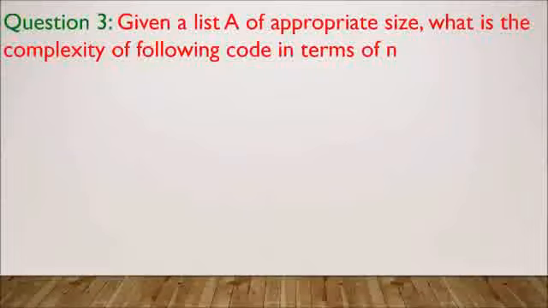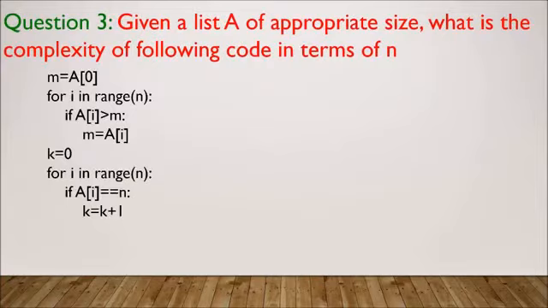Next program: find the complexity. In this there is no nested loop. This statement is separate, and this is a separate loop in which these statements will be executed n times. After that, this statement is separate, this is the for loop, and these statements will be executed n times.